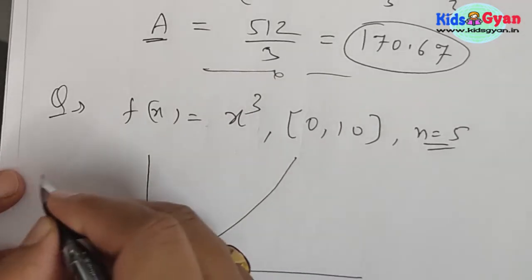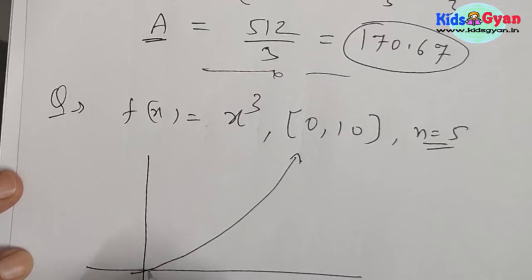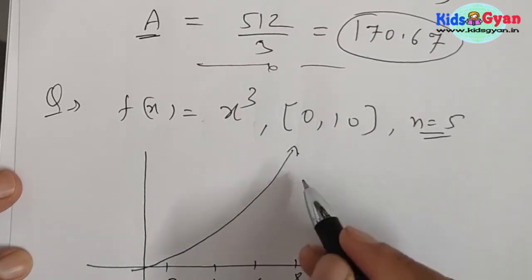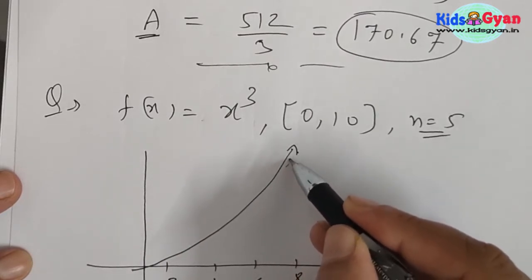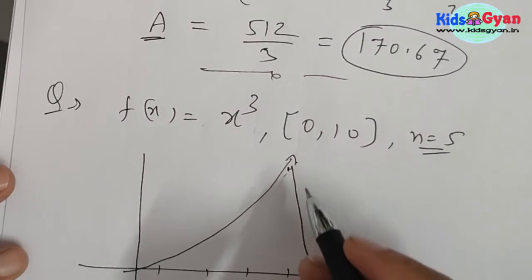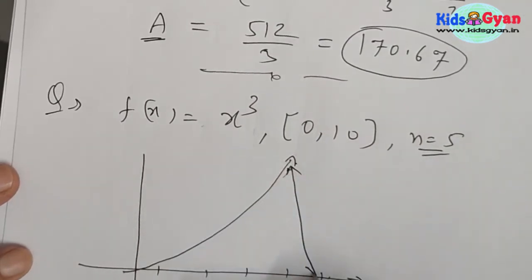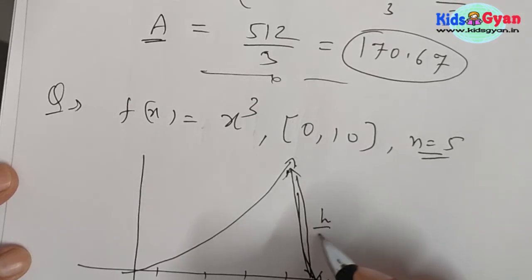So x cube has a similar curve as x square. This is h, इसको सीधा आना चाहिए, ये h, this is h.